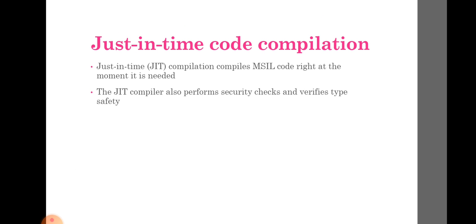In the .NET Framework, that intermediate language is named Microsoft Intermediate Language. The just-in-time compiler helps to compile the Microsoft Intermediate code into machine-understandable object code. The JIT compiler also performs security checks and verifies the type safety of applications which are developed with the help of the .NET Framework.